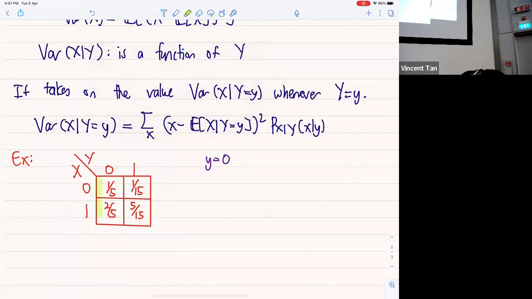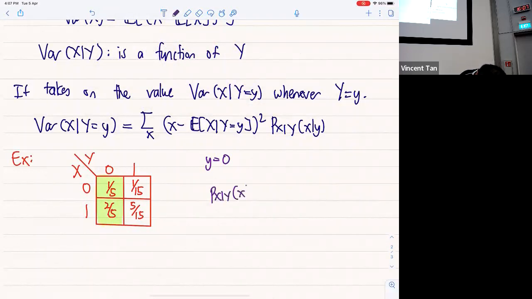We focus our attention on this segment, which is called the y section, the section y equals 0. So we are living in that universe, and we are looking at the distribution of x.